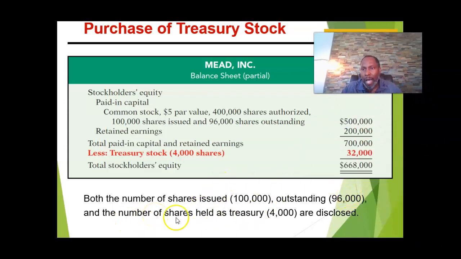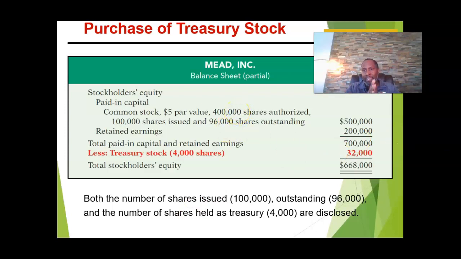When it comes to stock, that's what we call authorized stock, issued stock, as well as outstanding stock. When you think about authorized, in this case, they can sell up to 400,000 shares of stock.